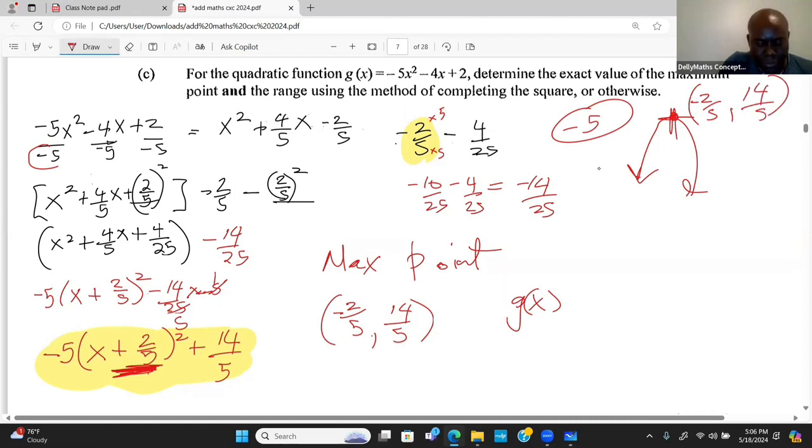All of that, we're saying, is our maximum value. So it's going to be less than or equal to that number right there. So the range is that g of x will be less than or equal to 14 over 5.